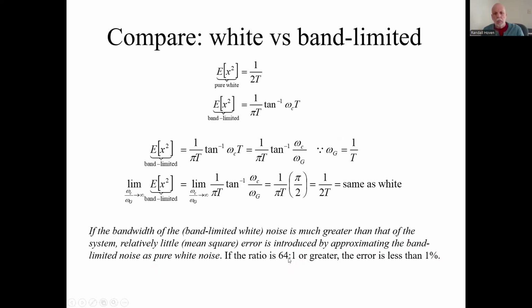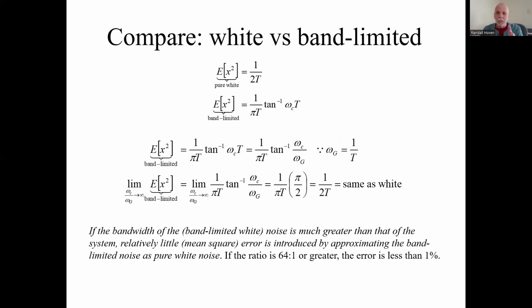1%. That might look big to you, but when you talk in terms of frequencies, you're usually talking powers of 10, 100, 1,000, etc. So the 64 to 1 is not all that much. It's just 2 orders of magnitude.